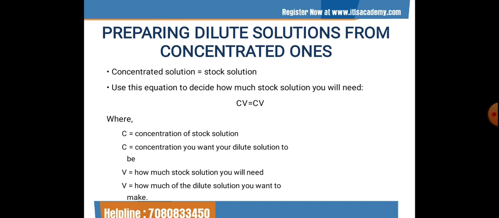So you can easily calculate the volume required to make it from higher concentration to lower concentration. Therefore, by putting all the values into the formula, you can easily make up the solution.